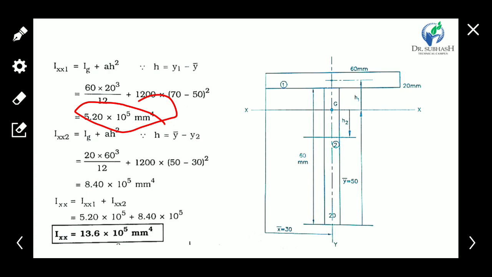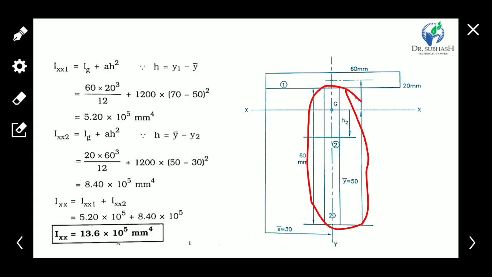Now we have found the value of Ix1, the moment of inertia, Ig for the first element, about this axis.